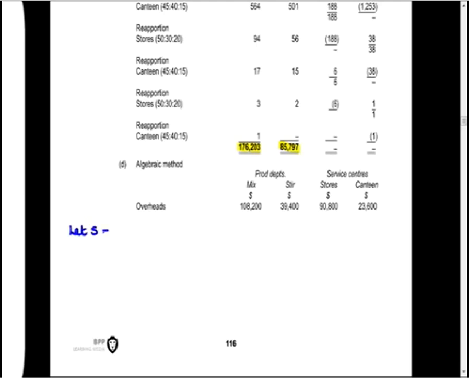So what we're going to do is let S equal the total amount to be transferred or reapportioned out of stores, and we'll let C be the amount to be transferred out of the canteen.